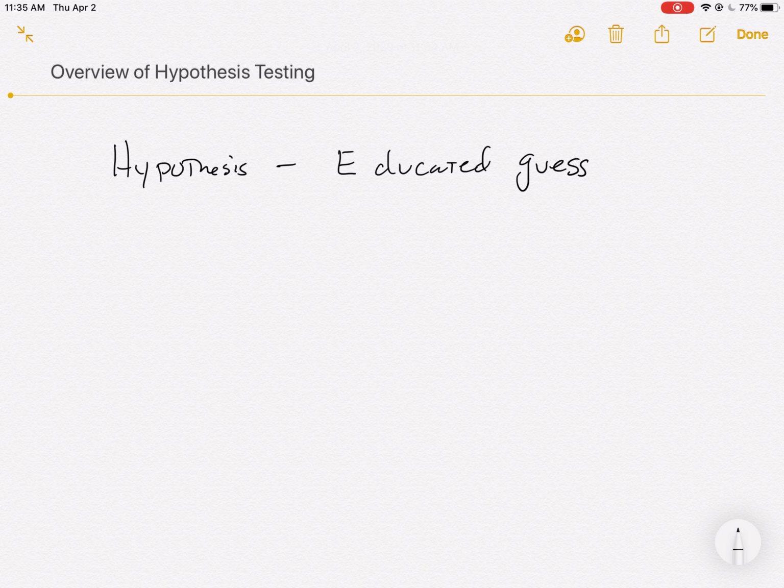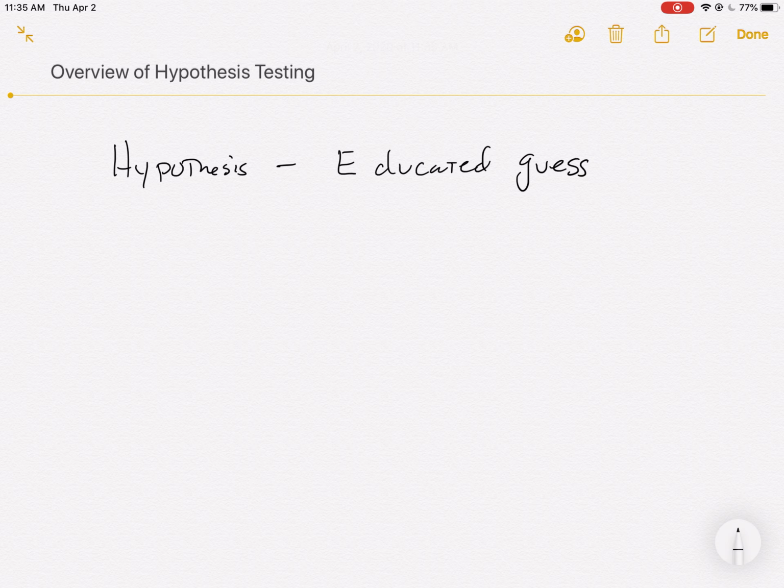The key word in what we're doing is the word hypothesis. A hypothesis is really an educated guess. It's not something that you know, it's something that you believe is true based upon experiences that you have.